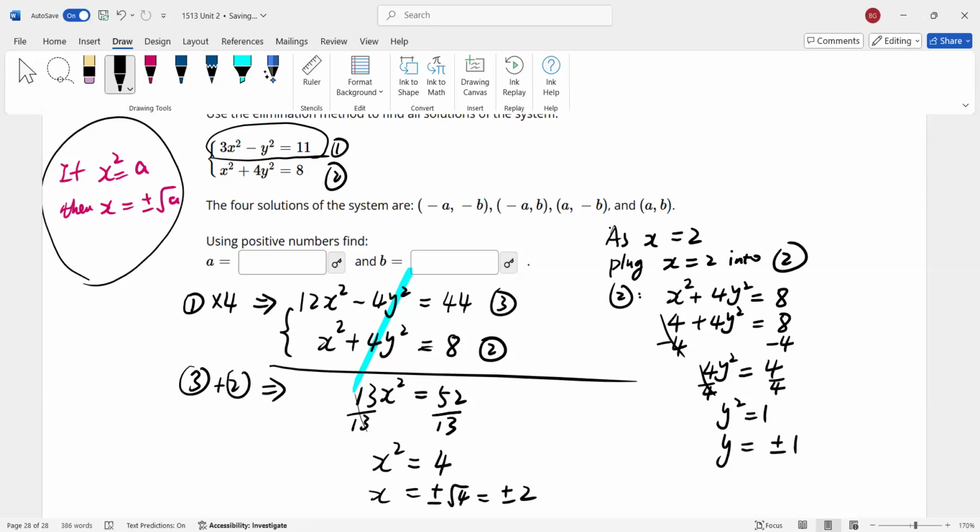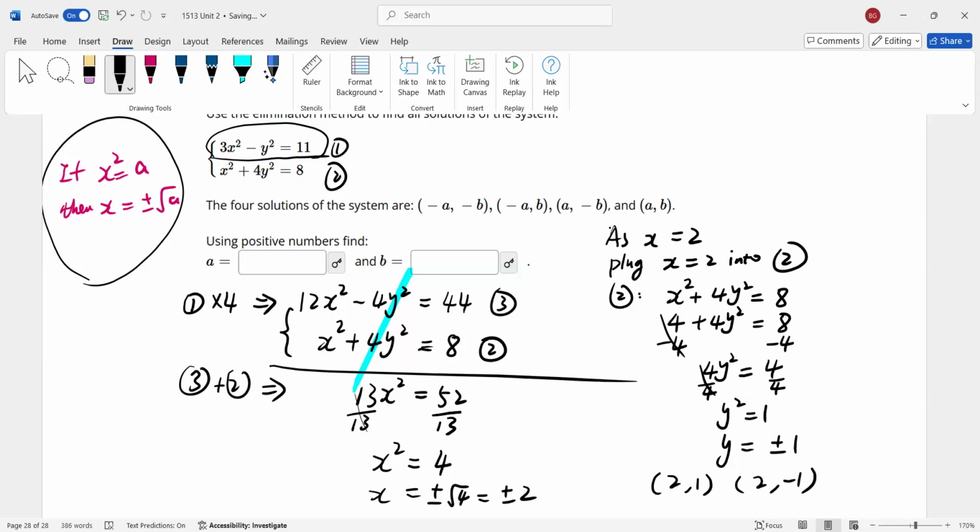One is a positive 1, the other is a negative 1. That means we have 2 solutions now. So far, we have (2, 1) and (2, -1).